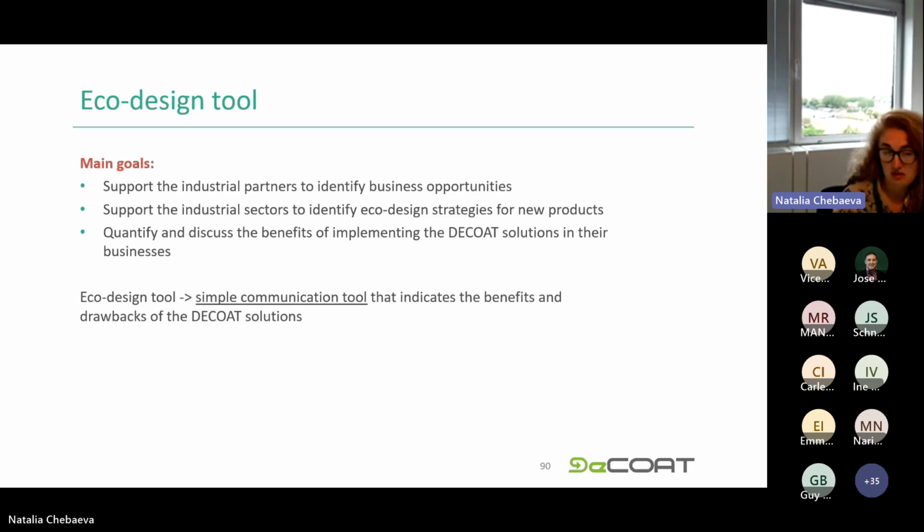So, answer whether the DECOAT solutions are applicable for their products, and if yes, then what are the benefits, what are the challenges, and so on. The main objective was to develop a simple communication tool that would help indicate and outline the strategies that the industries could then take further into the development together with the particular solution developers.